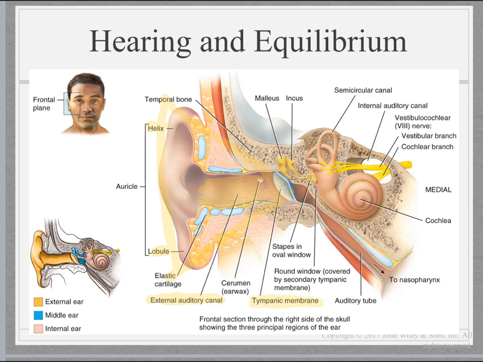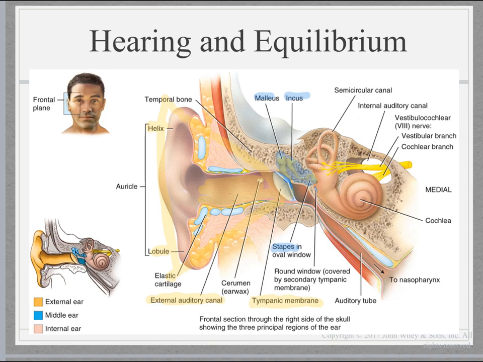So this is what's going to take those vibrations of sounds and move them into the fluid of the inner ear. The next structures or region that we're going to look at is the middle ear, and our middle ear will highlight in blue here. The middle ear is going to include a couple of things. Our 3 auditory ossicles, well 6, 3 on each side: our malleus, hammer, our incus, anvil, and our stapes, or stirrup.